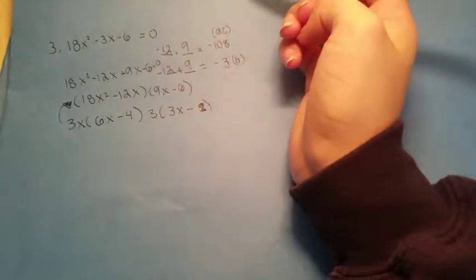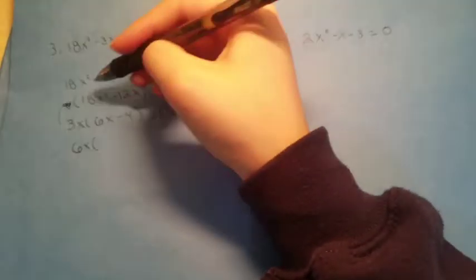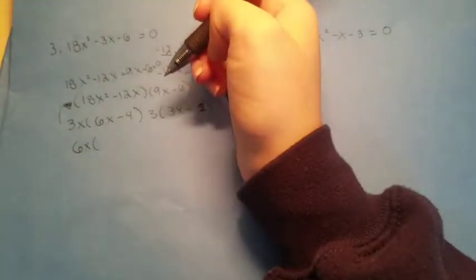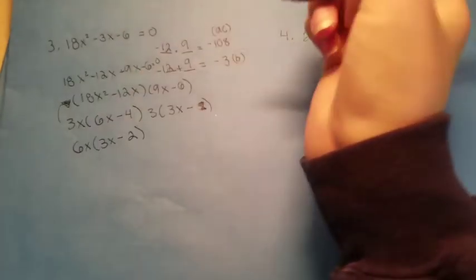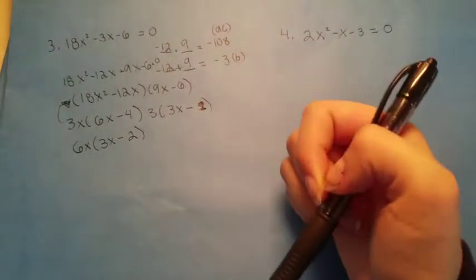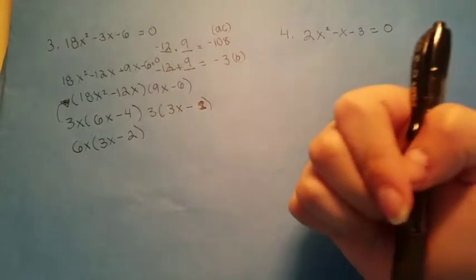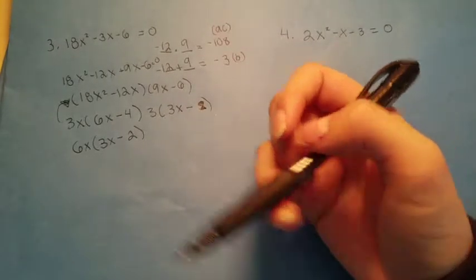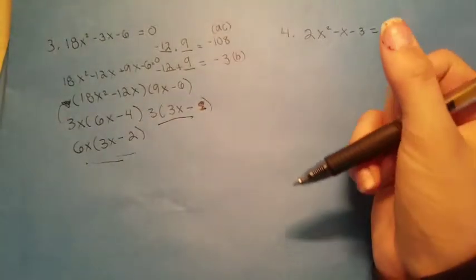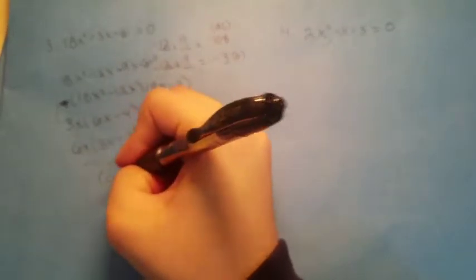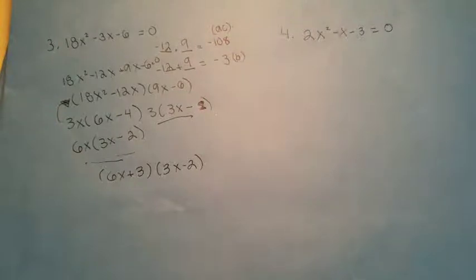And it would have to be, I guess we can do 6 instead. 6x, and then 18x would be 3x minus 2. And then it's the same thing. You get me? So you have to simplify it as much as you can so you can get the equation right. So then these two are our answers, so nobody gets confused. Then you pair them up again like this. That was a little bit confusing, I apologize.